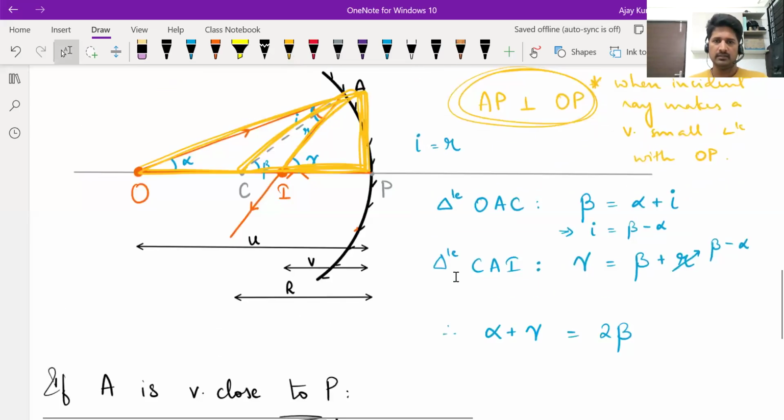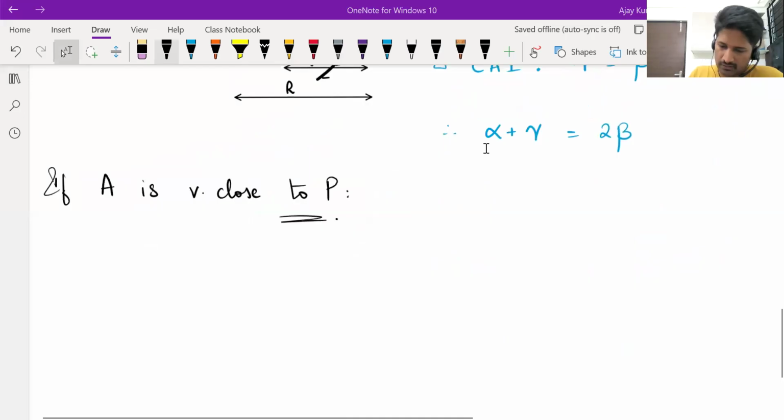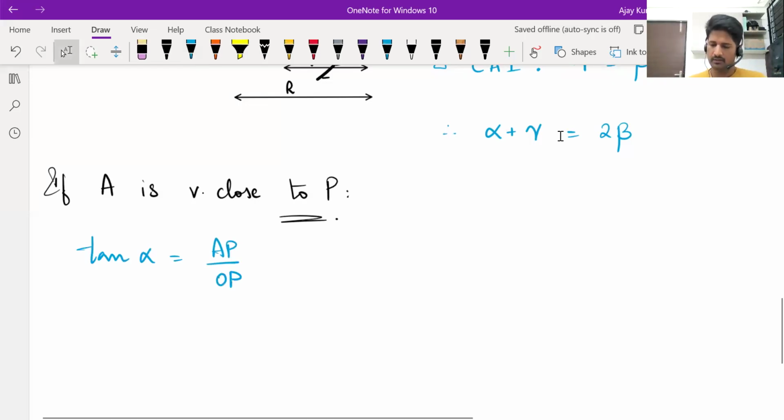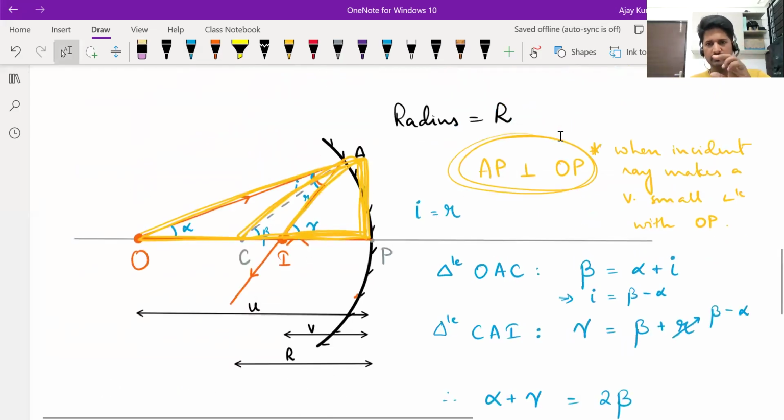Now tell me, in the triangle OAP, the biggest right angle triangle that you can see, what is tan alpha equal to? What is the side opposite to alpha? AP, and the adjacent side is OP. So tan alpha is AP divided by OP, and when A is very close to P, this angle alpha is a small angle.